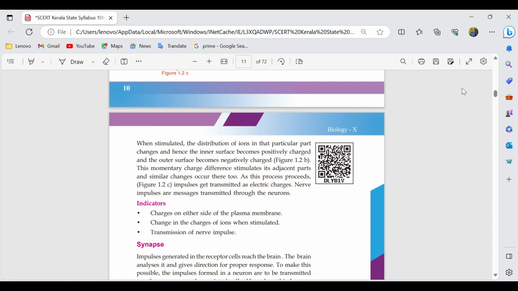Transmission of a nerve impulse is when the adjacent part to where the stimulus is applied gets stimulated, the ion changes take place there also, and it looks like it is transmitting.